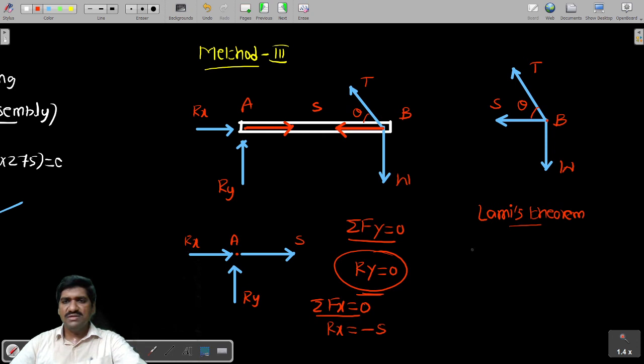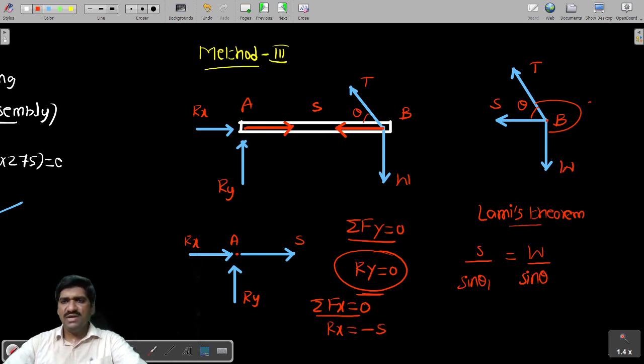So S divided by the sine of the angle between the other two. I am taking this one as some angle theta 1, which we can determine afterwards. So W divided by the sine of the angle between these two is again sine theta.